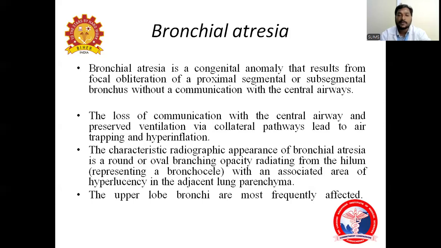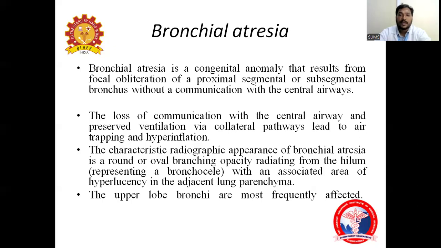This loss of communication with the central airway, along with preserved ventilation via collateral pathways, leads to air trapping and hyperinflation. In bronchial atresia, there is usually no communication with the central airway, but the segment may receive air via collateral pathways, and this air doesn't help in gaseous exchange, leading to air trapping as well as hyperinflation.